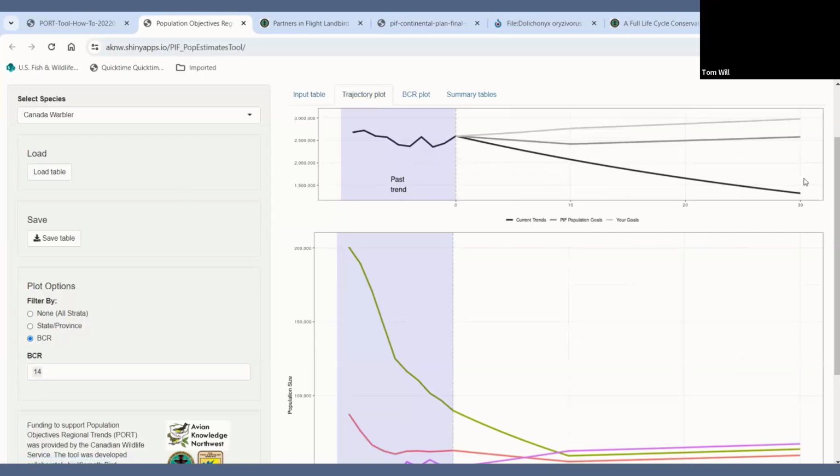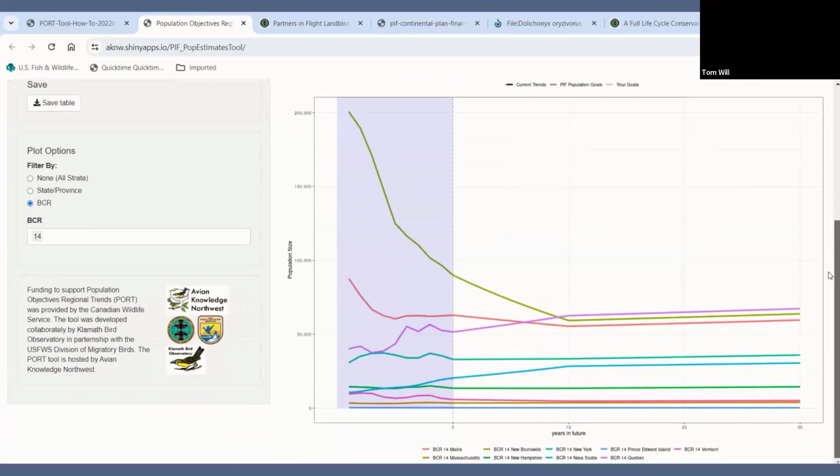It will show you the overall population trajectory. And then for each of those state or province by BCR polygons within BCR 14, you get that trajectory at that level also.